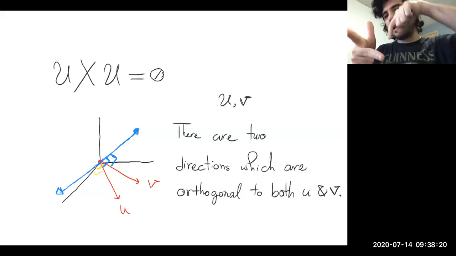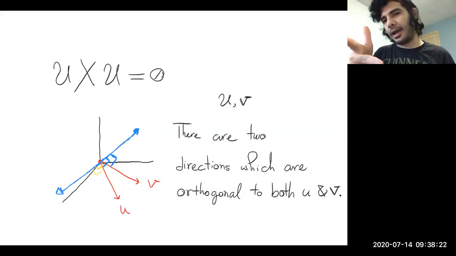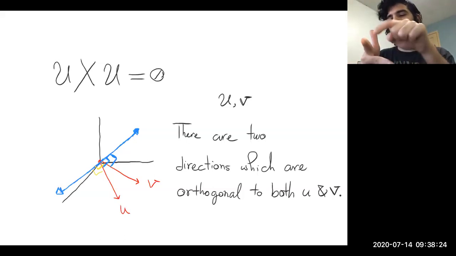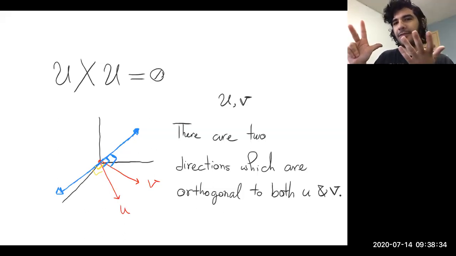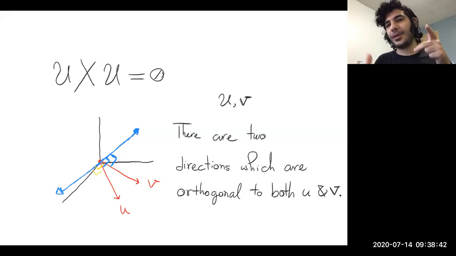I said there is another direction which is also orthogonal to these two vectors. But this direction goes upward using my right hand. I'm not sure if Zoom would flip the image or not. I don't think so. Anyway, the important thing is that you should use your right hand. If you use your left hand, you would get the wrong answer.